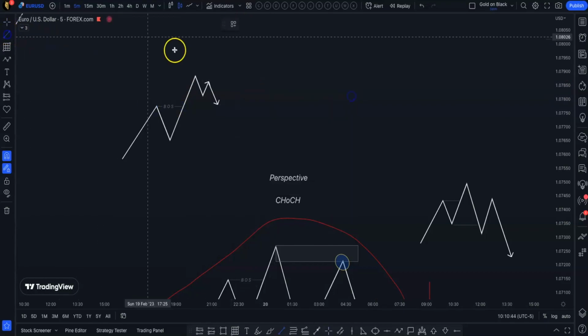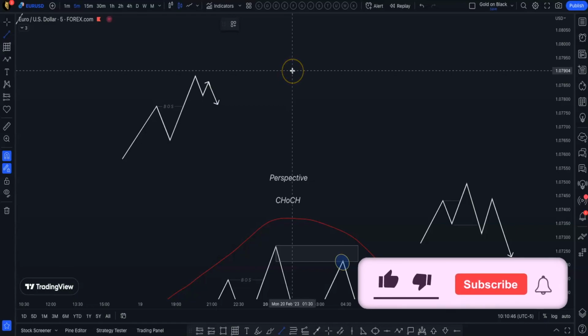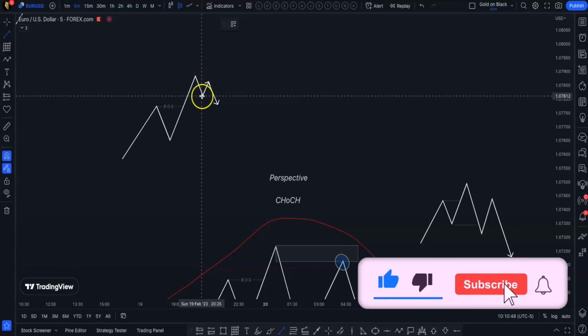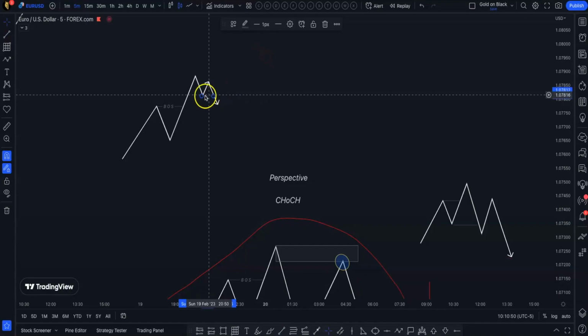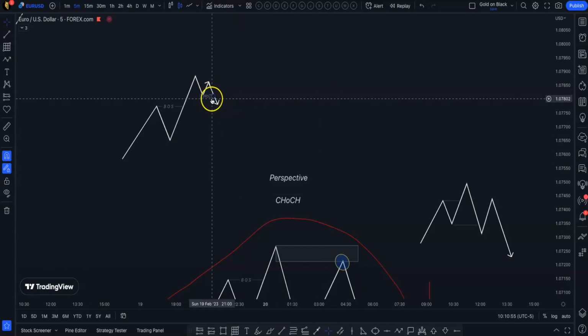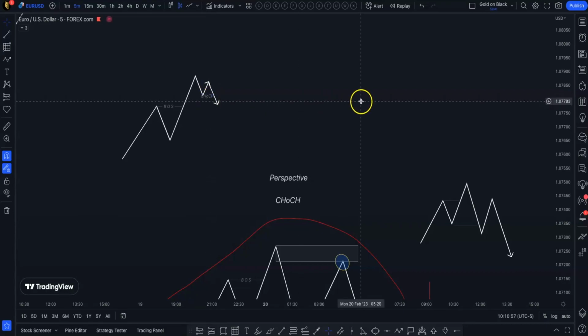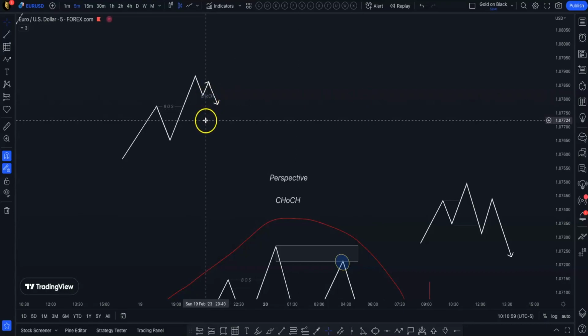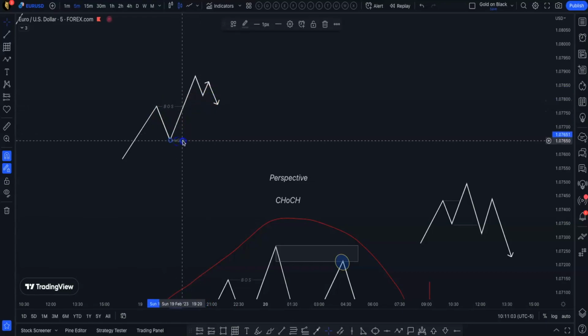There's people already calling. There's a lot of students, even YouTube videos, showing that this is actually a change of character. They are marking the change of character right there. Like, why? Why would you be marking up a change of character there? That doesn't make sense. The change of character would happen below this boss.